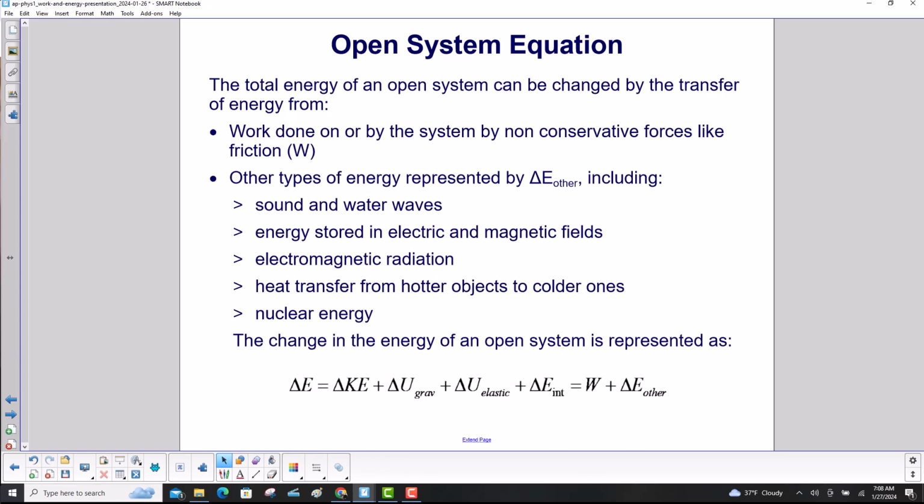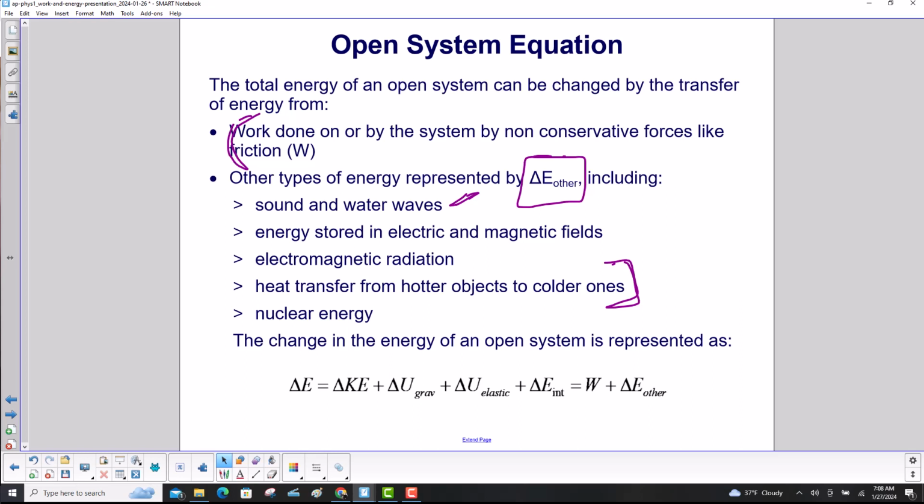The total energy of an open system can be changed by the transfer of energy from, first of all, work done on the system by non-conservative forces like friction, and the other types of energy that we talked about a few slides ago. And to save ink, we're going to just replace them with delta E other. That would be the change in energy from sound and water waves, energy stored in electric and magnetic fields, electromagnetic radiation, heat transfer from hotter objects to colder objects, and nuclear energy.